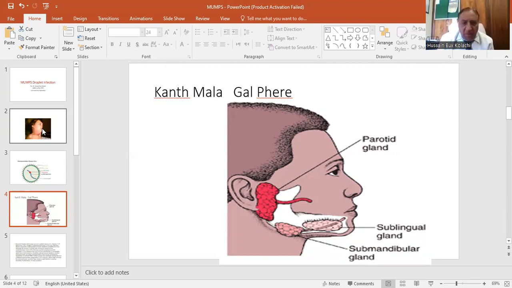But in the local language, Kant Mala is another beautiful name, given because it is a garland or a beautiful ornament which is worn around the neck by both males and females. So this is a local name which you can also use. It is a Kantmala-like disease, and I think you will like this.